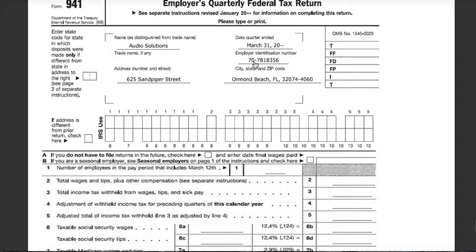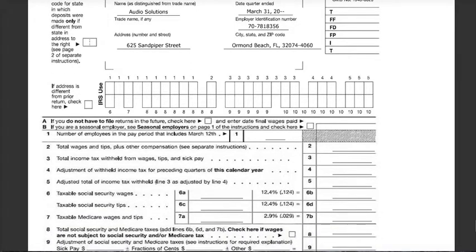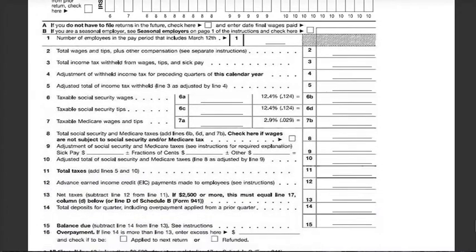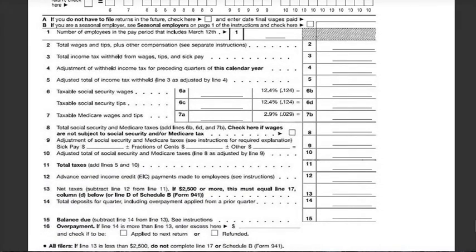So we're going to scroll down a little bit. So you can see right down here where the main stuff gets worked on. Alright, so number of employees in the pay period that includes March 12th. There were 6 given to me in the directions. Let's put 6 there. Number 2, total wages and tips plus other compensation. In my book, it gives me date paid, January 31st, February 28th, and March 31st.